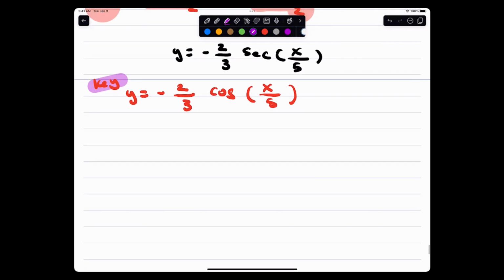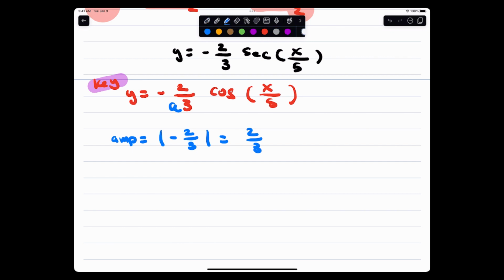So then you go through your process. You say, okay, want to find the amplitude. This is my A value. This is going to be, we'll find out what K is. So we take the absolute value of negative 2/3, which will be what? Positive 2/3, okay.